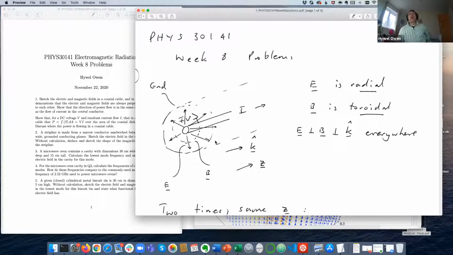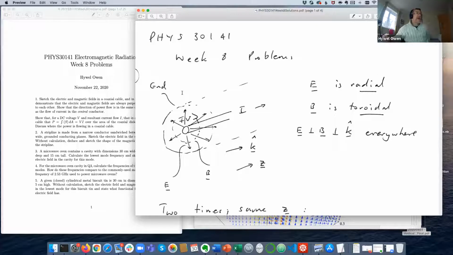Just to remind us, the electric field outside this coaxial cable is 0, and we can obtain that because, of course, we know Gauss's law. Similarly, the magnetic field outside the grounded sheath is also 0.